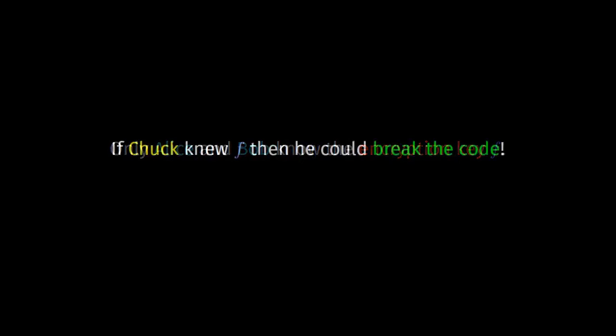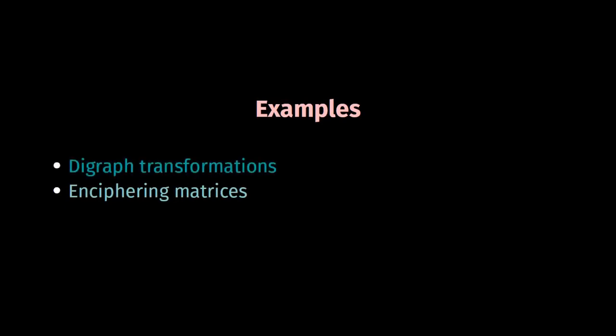Otherwise, anyone in possession of the function f would be able to read Alice's messages. Some not too complicated examples, but definitely not trivial, are certainly the Digraph Transformations and the Enciphering Matrices. In the description below, you will find the link to the videos describing those particular cryptosystems.